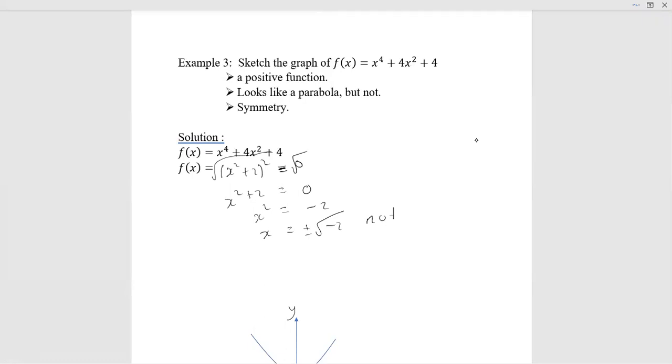What does that mean? x has no real solutions. That means this graph never intersects the x-axis, right? It means there are no zeros. This implies f(x) has no zeros.